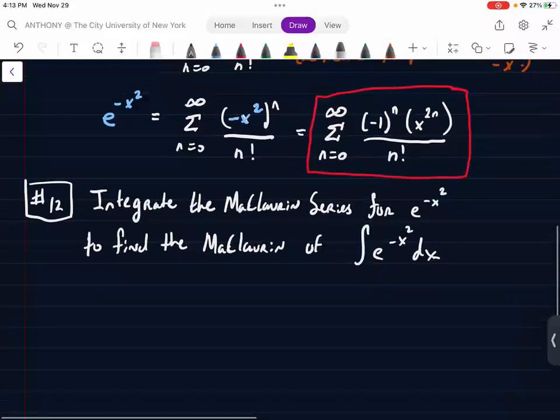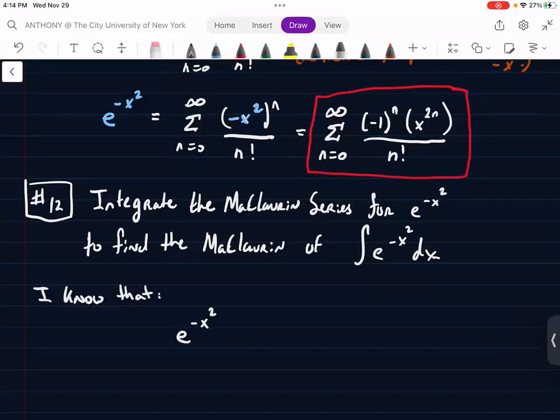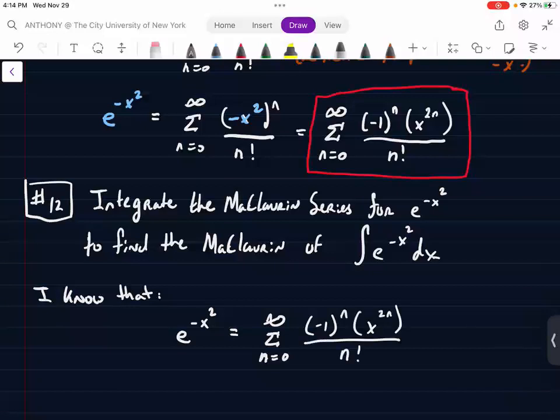So basically what I did was the following. I start with where I left off within the previous problem. I know that e to the negative x squared is equal to the sum from n equals 0 to infinity of negative 1 to the n times x to the power of 2n, all divided by n factorial.